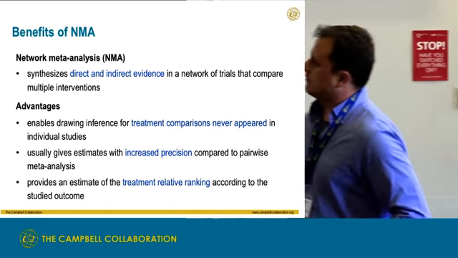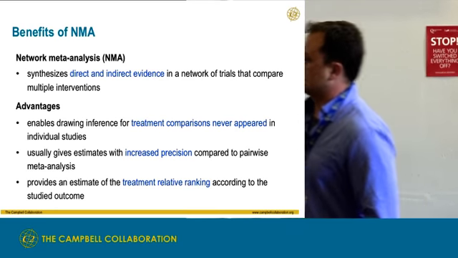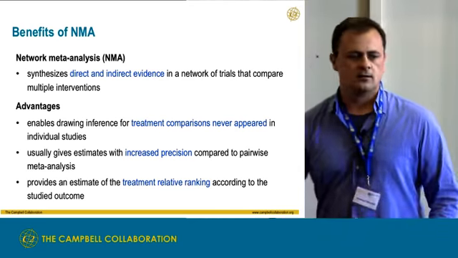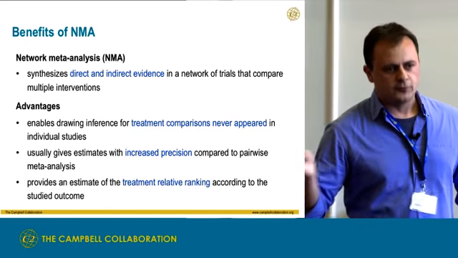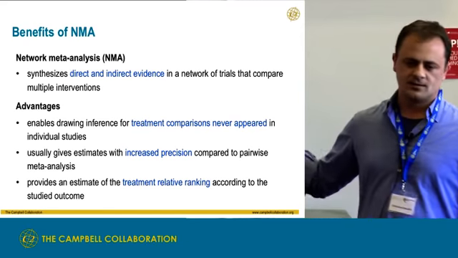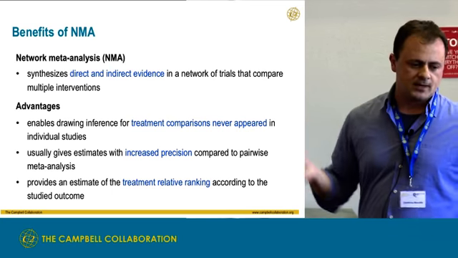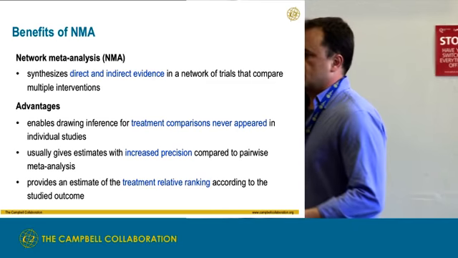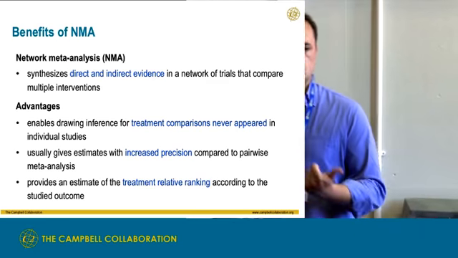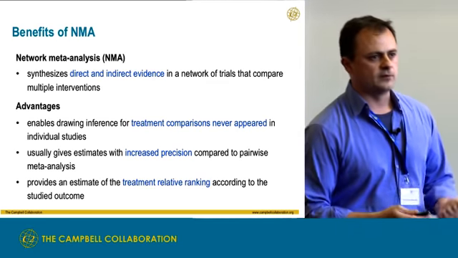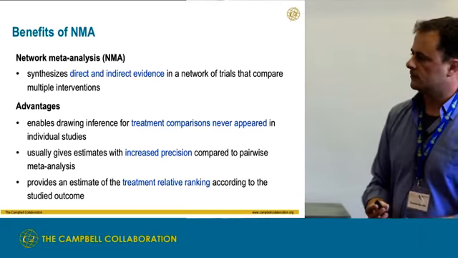And all these benefits are well recognized, but unfortunately there are also some limitations. Network meta-analysis is not yet an established practice. It's mathematically more complex. Software is not that user-friendly, although it has improved a lot.